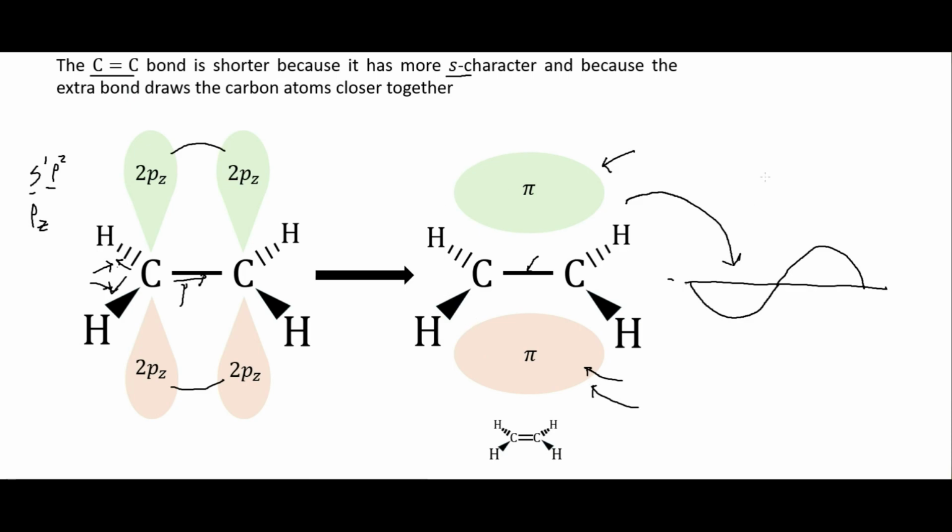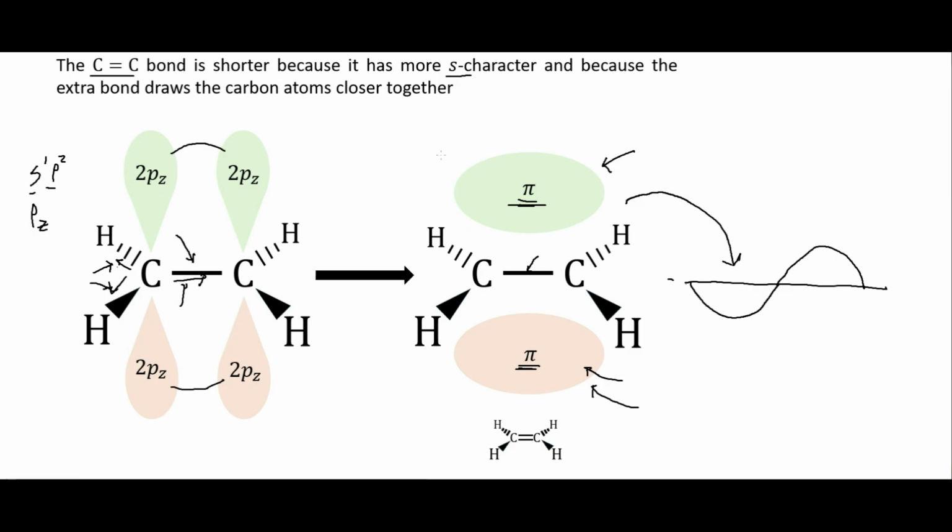But anyway, that is how these double bonds work, and these are called pi bonds. The bond of this single bond is called a sigma bond, and then these double bond ones are called the pi bonds.